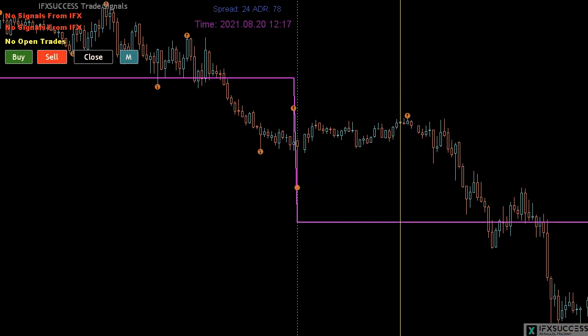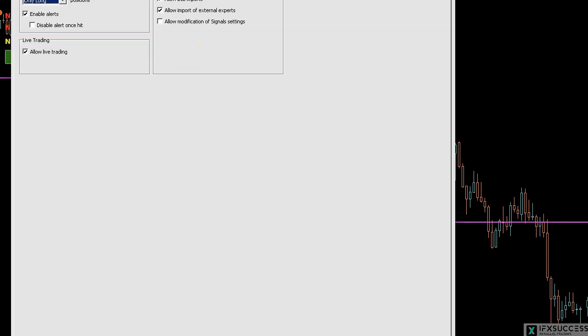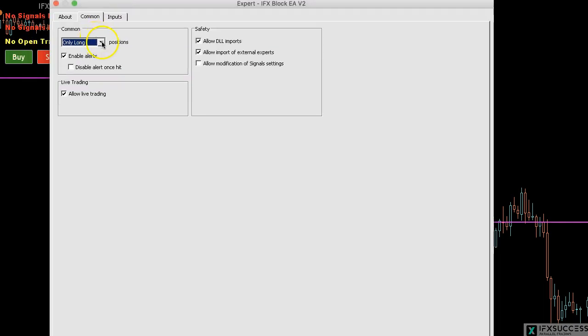So if we were going to plan a trade in the future using the AA, all we have to do is go to the settings and say, enter only on sell entries, only on short. So I'm going to click on here.